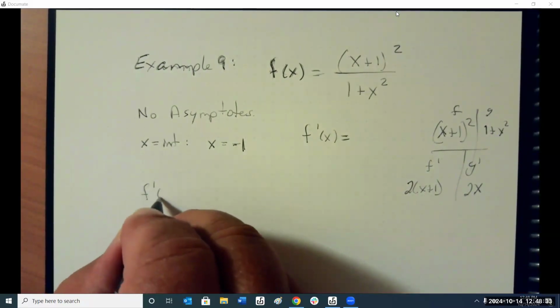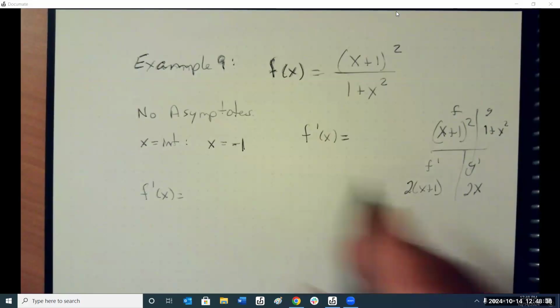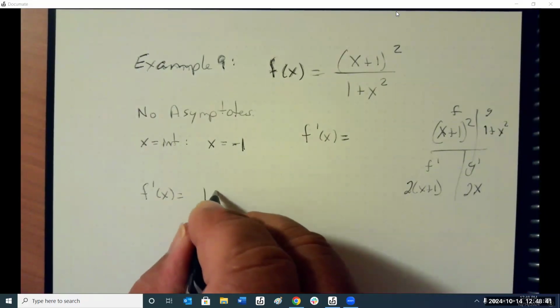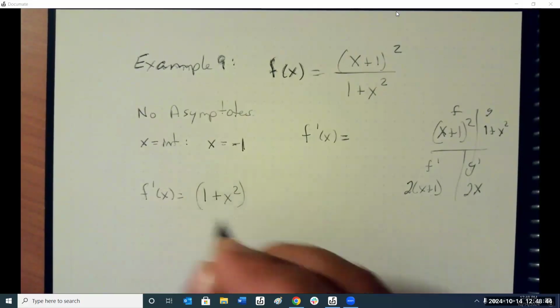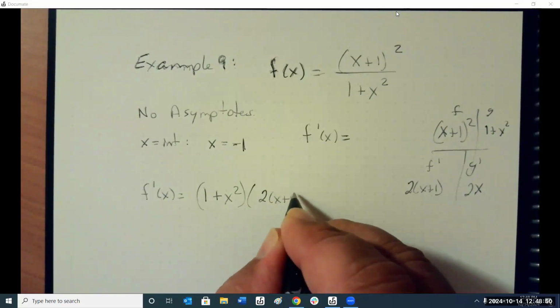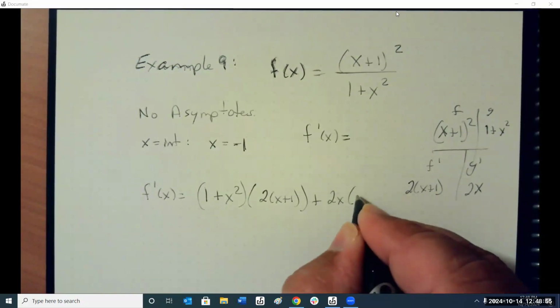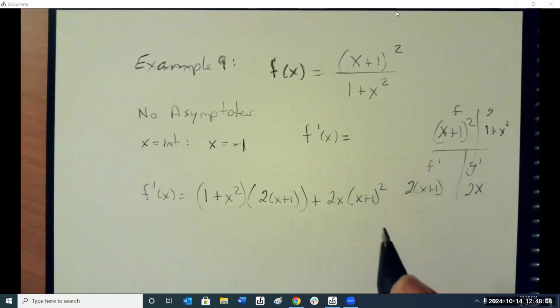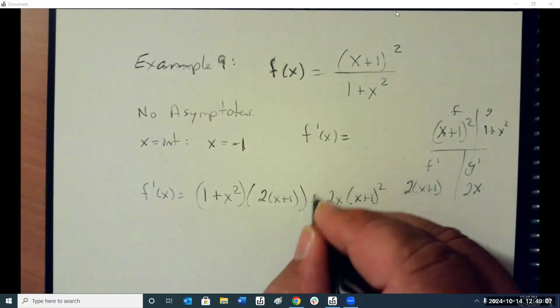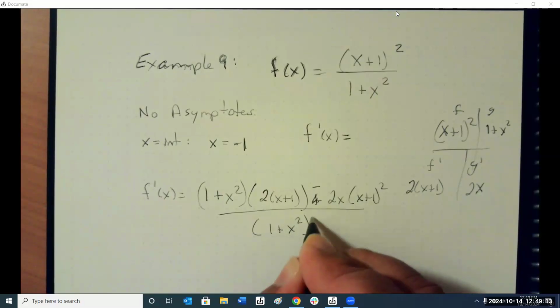So the first derivative is equal to 1 plus x squared times 2x plus 1, plus 2x times x plus 1 squared. But minus, since it's a quotient. And that means it's over the bottom number squared.